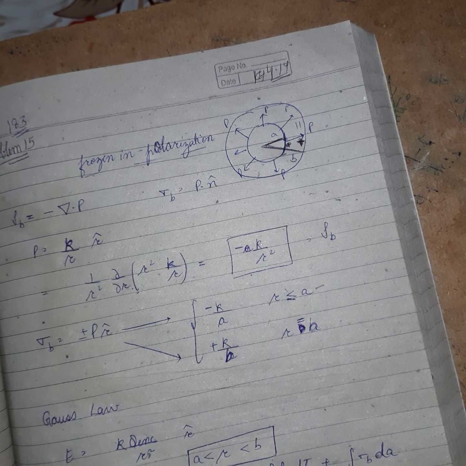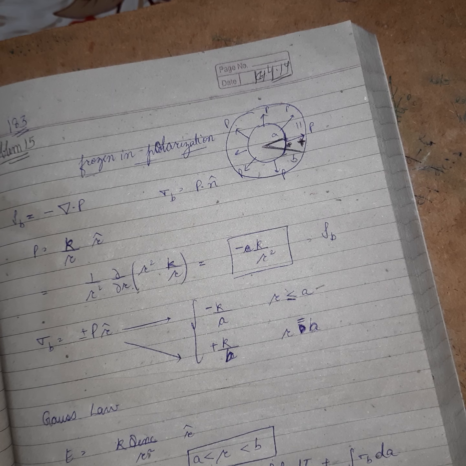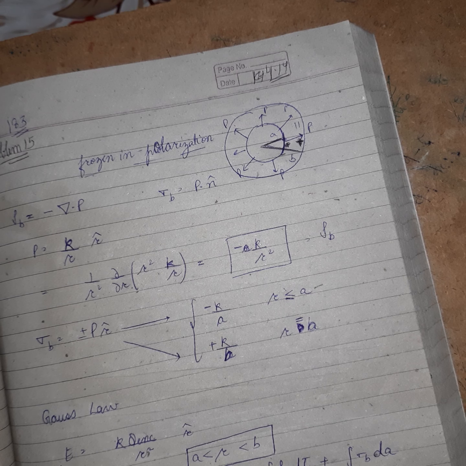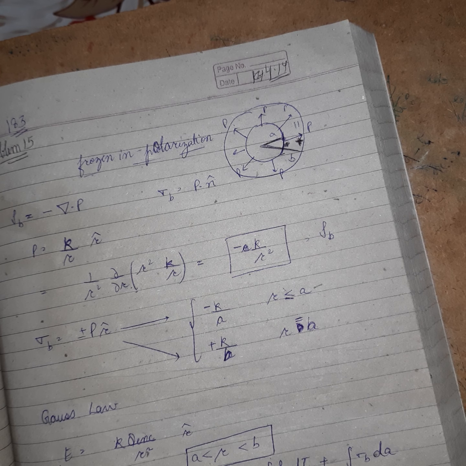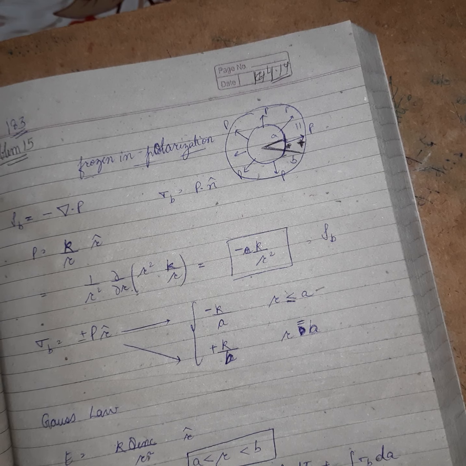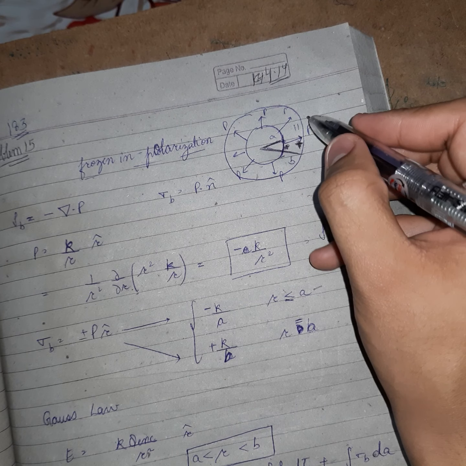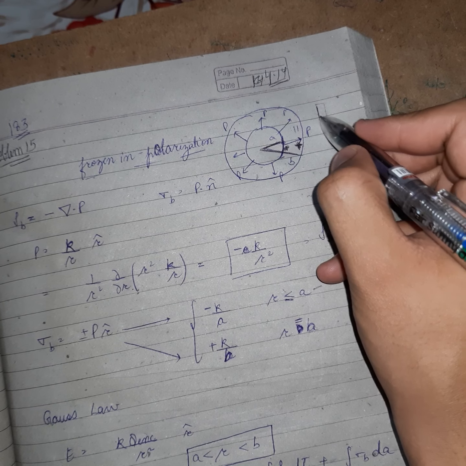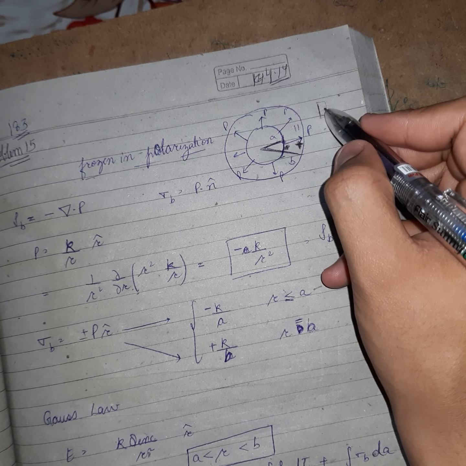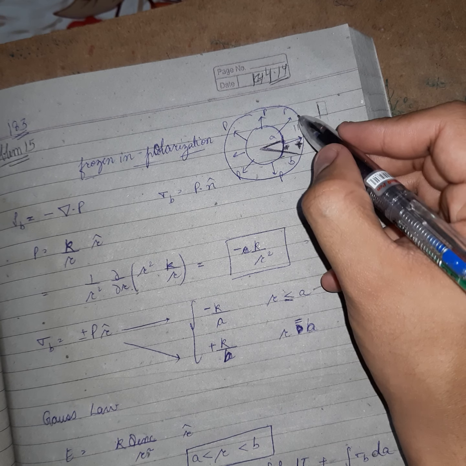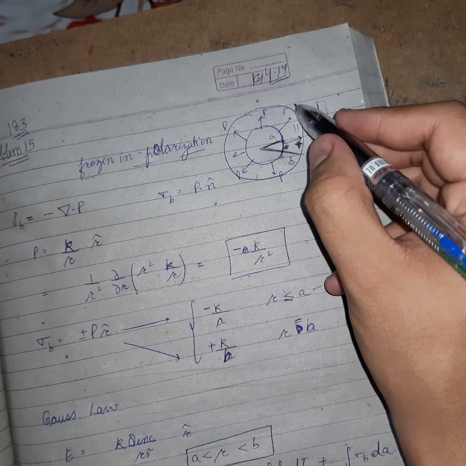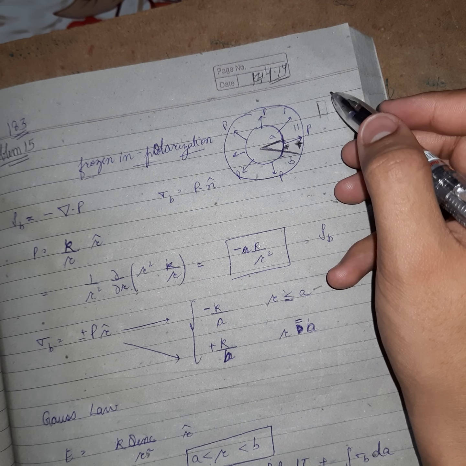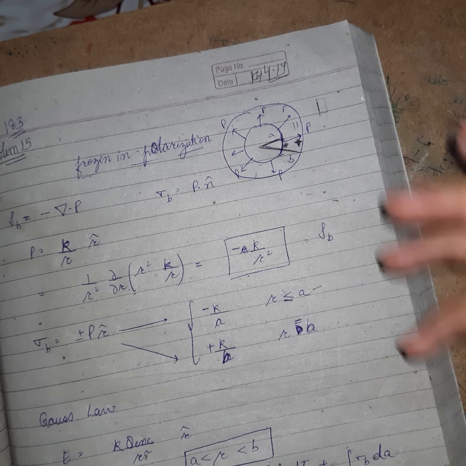We did it in problem number 4.41 on page number 179, and we proved that total bound charges vanish. I am talking about total bound charges because we are considering the case outside the spherical shell, where rho_b and sigma_b both will be considered, and they both will vanish.